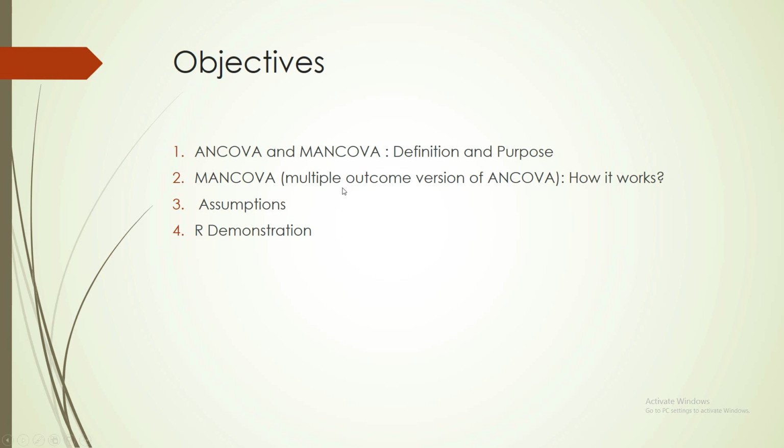Of course, just like MANOVA and other statistical tests, MANCOVA also has its set of assumptions that we must meet before we can perform the MANCOVA accurately. And finally, we get to the R demonstration part of this third part of the video series.